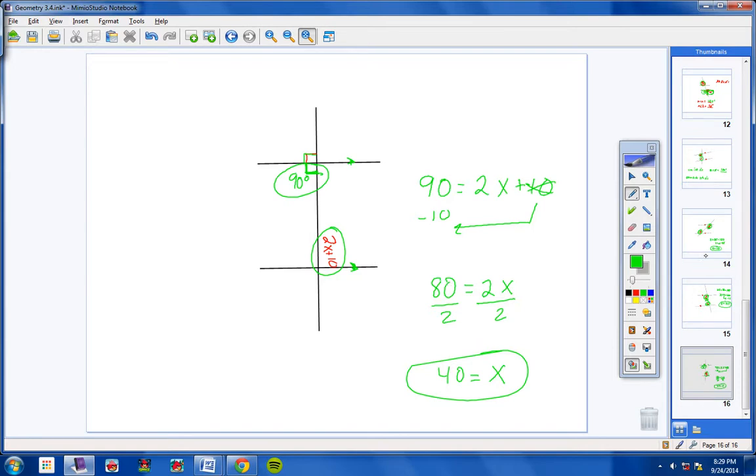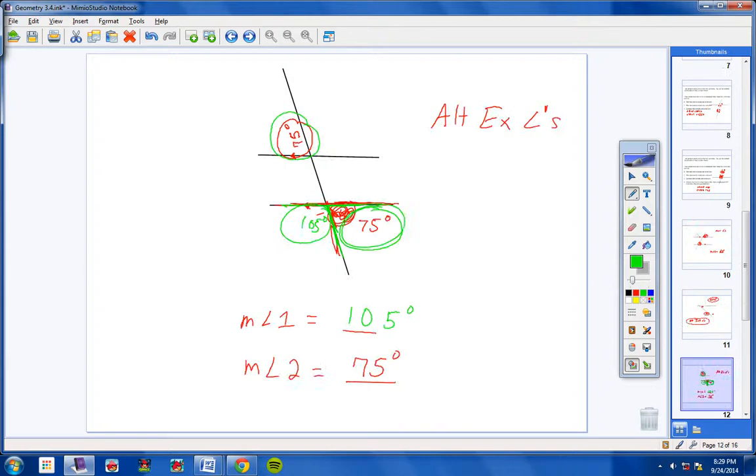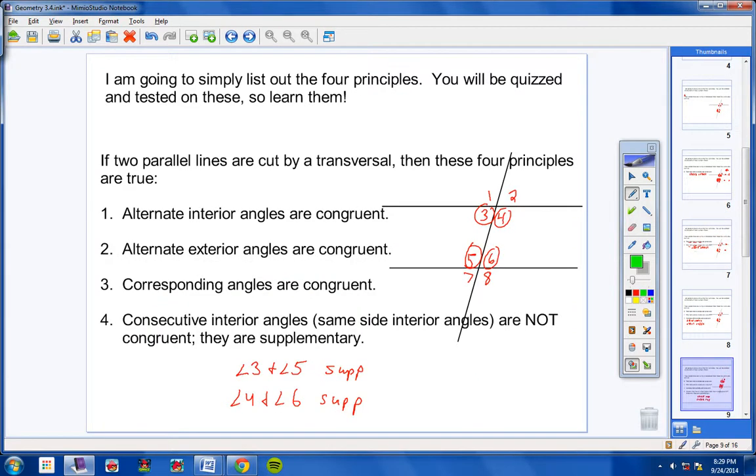So once again, the main thing you need to remember today is this. When two lines are parallel, they have to be parallel. If the two lines, students, are not parallel, then you cannot assume that any of this is true. Okay, it might be or it might not be. You don't know. Okay, but if you have two parallel lines cut by a transversal, then these 4 principles are true.